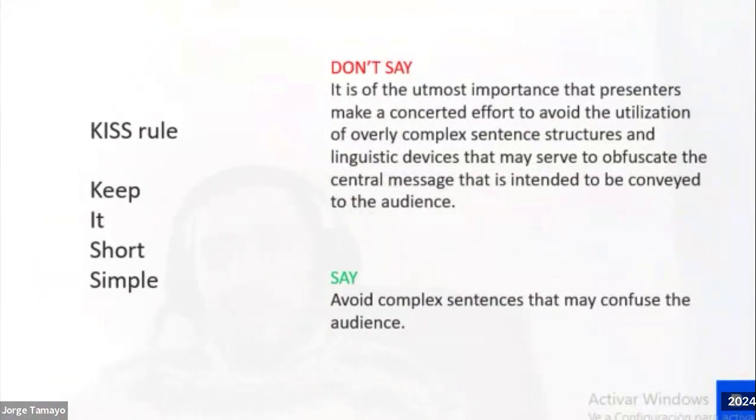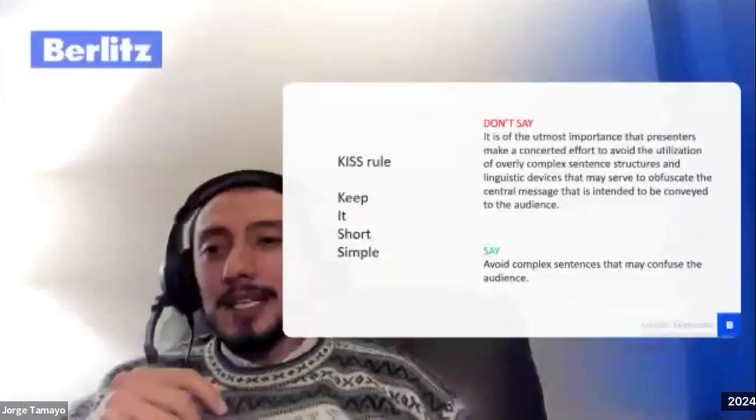Please don't say things like, it is of the utmost importance that presenters make a concerted effort to avoid the utilization of overly complex sentence structures and linguistic devices that may serve to obfuscate the central message that is intended to be conveyed to the audience. Please don't say that. And say something short like, avoid complex sentences that may confuse the audience, right?